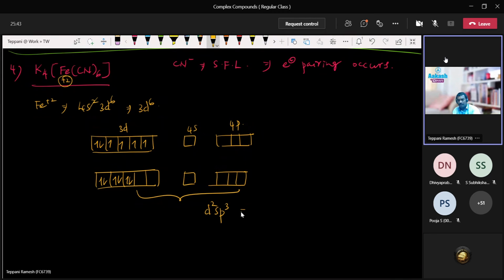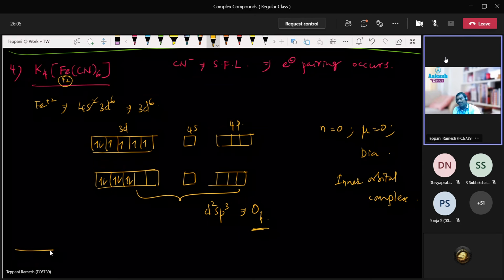d2sp3, octahedral structure. Octahedral, n value 0, mu value 0, diamagnetic. Outer orbital complex? Inner orbital complex. Inner. Remaining names also continue.